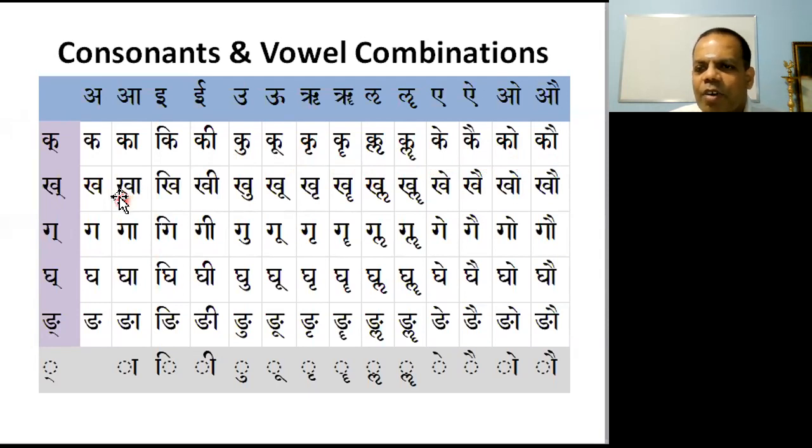So let's look at the second one. It's with more effort, okay? With a lot of air, you should do the same thing. Ka, ka, ki, ki, ku, ku, k, kr, kl, kl, ke, kai, ko, cow.